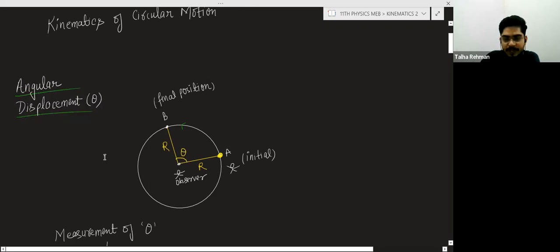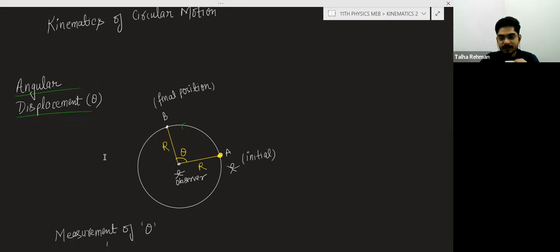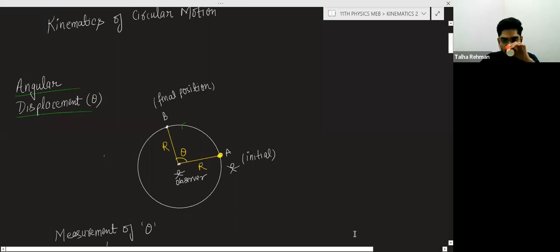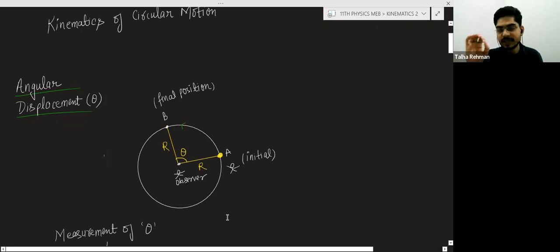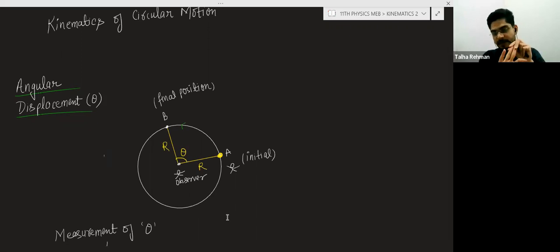Now, the measurement of theta. Theta is basically some angle: 30 degree, 60 degree, 40 degree, 37 degree, 57 degree. So how do we measure theta? Measuring theta means what is the unit of theta? Theta can be measured either in radian or in degree.